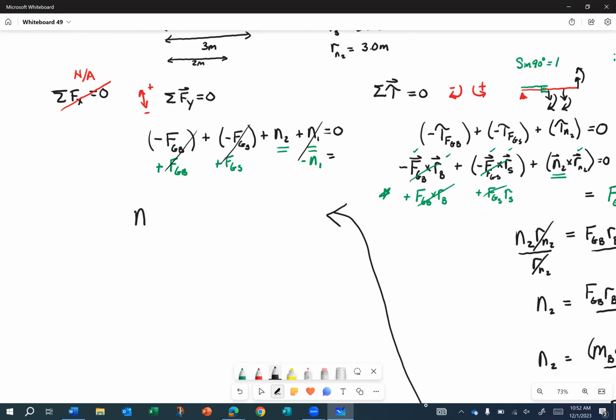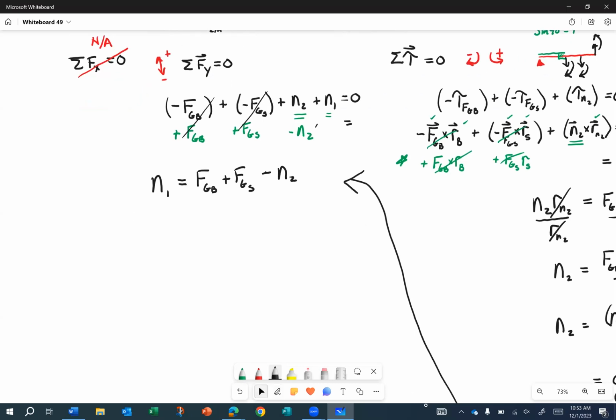N1 is what we're looking for. We're going to subtract out N2. N1 equals the force of gravity of the beam plus the force of gravity of the student minus N2.